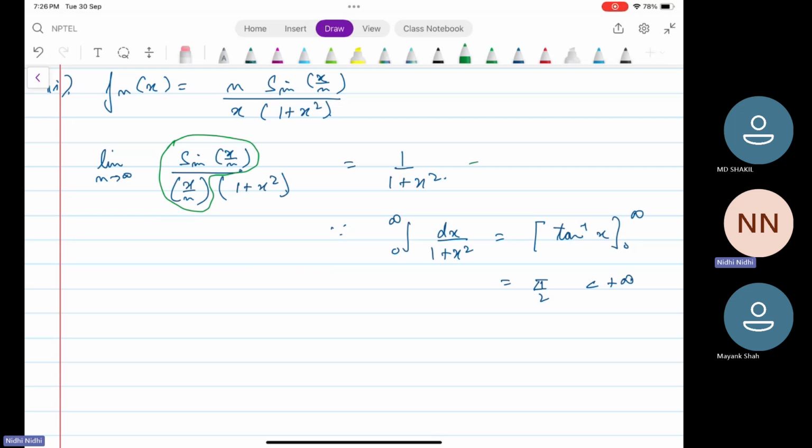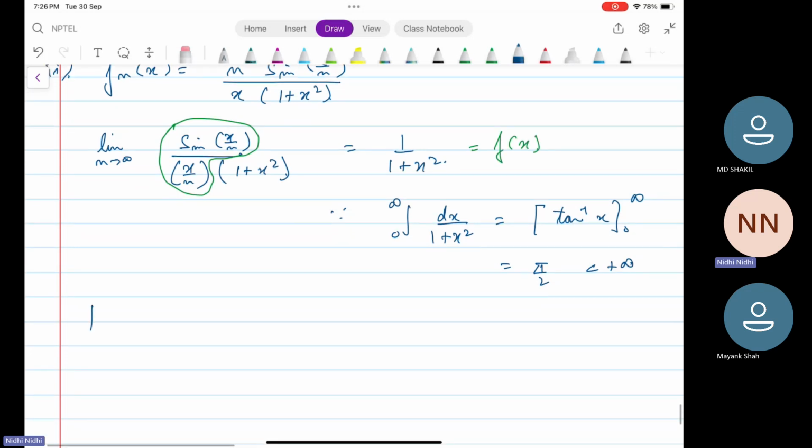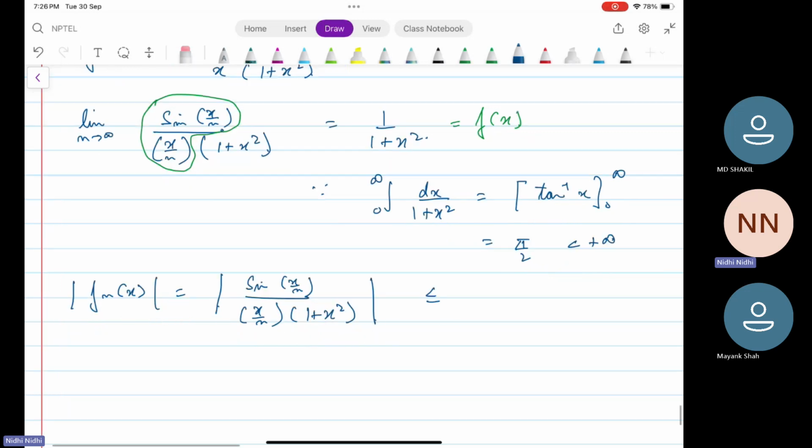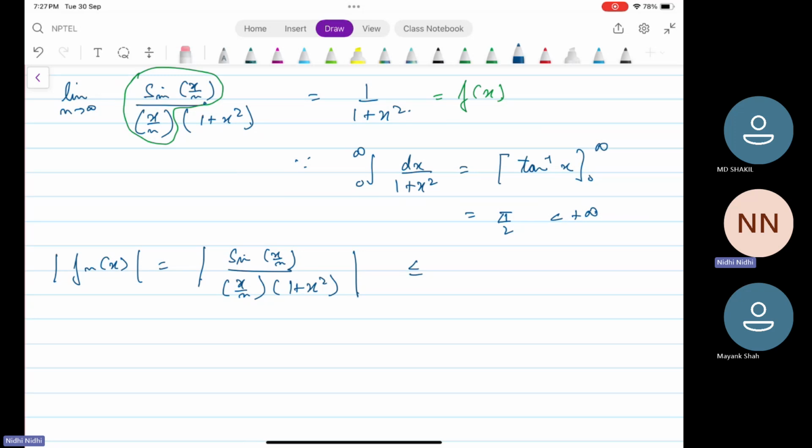This will be our f(x), and then we'll find the dominating function for f_n(x). This is again sin(x/n) upon (x/n) times 1 plus x square. This is less than or equal to, since we know that mod sin x is less than or equal to mod x, mod x by n.